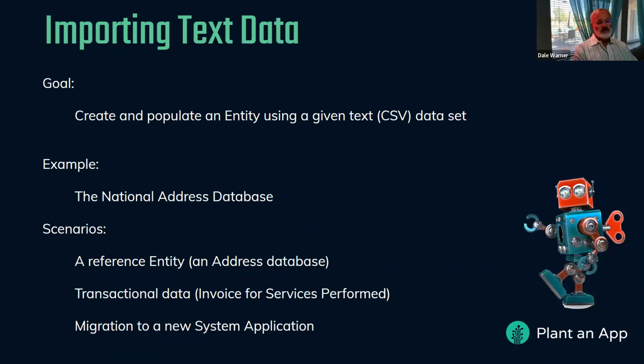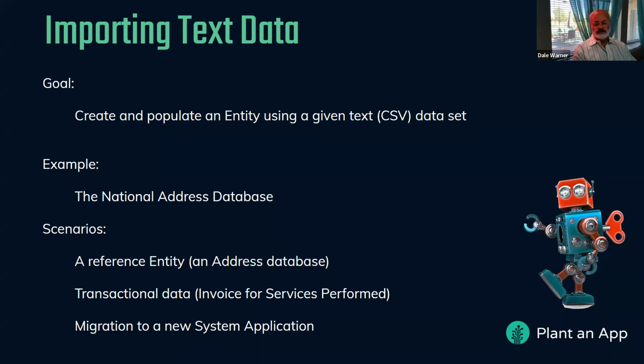Another import case might be transactional data, where you get a list of services performed from some other system and you want to invoice for them, some kind of transactional data that you're going to process. It might be something that you build to import on an ongoing basis, instead of a one-time import like a reference entity.